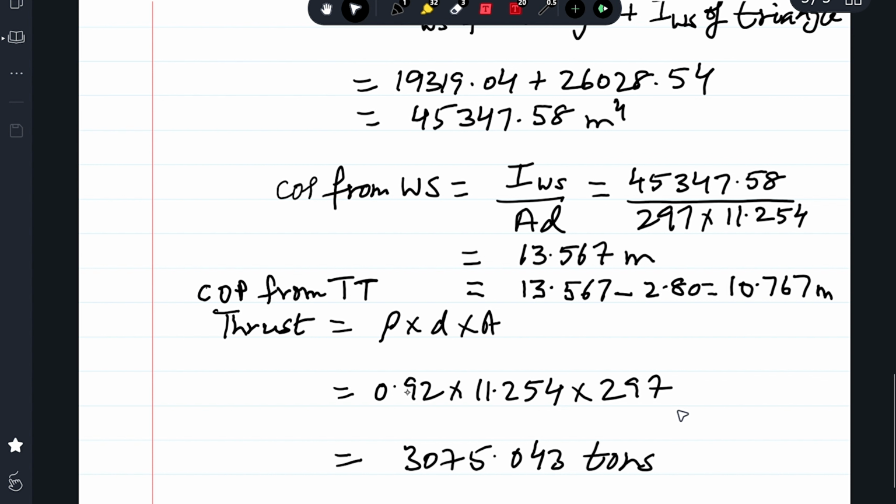This gives 3075.04 tons thrust, which is acting at the center of pressure. Total thrust acting at the center of pressure.